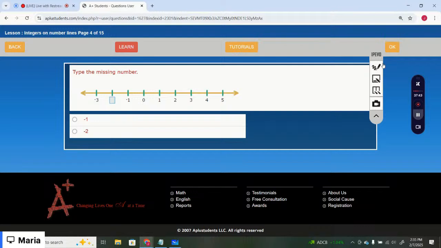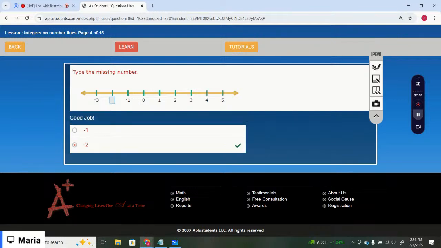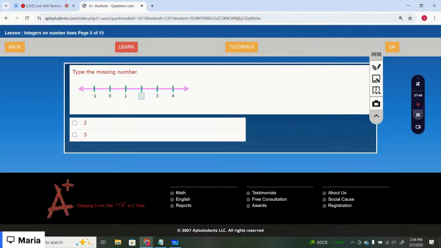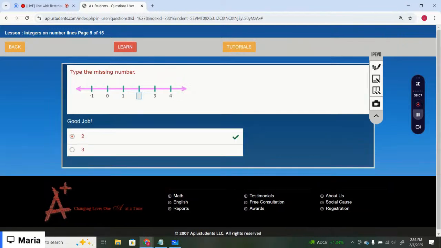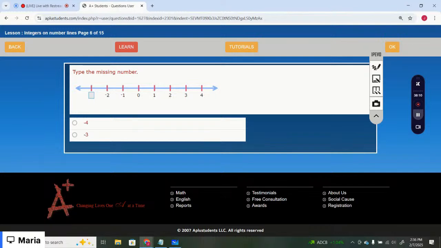Option number 2 is the correct option. Type the missing number. So which number is missing? The missing number is 2. Type the missing number. That is negative 3. Option number 2 is the correct option.